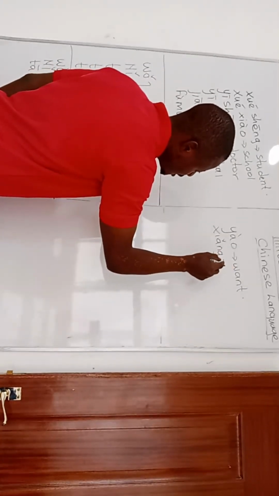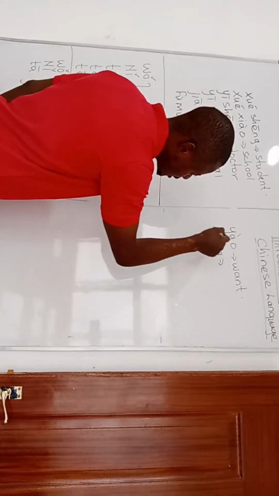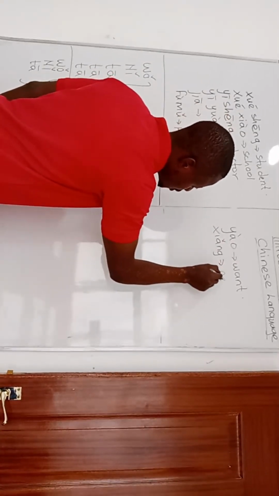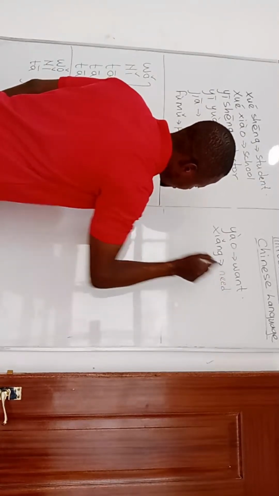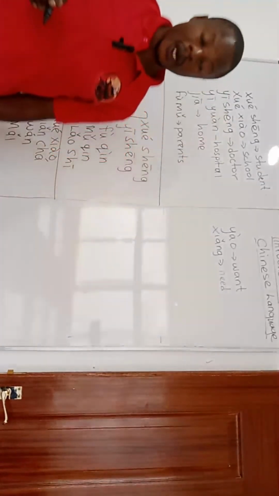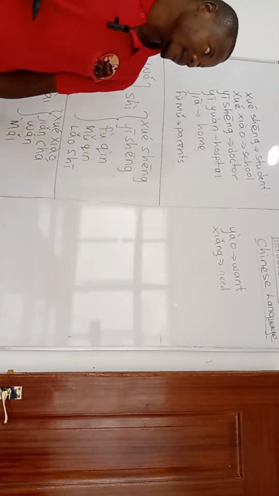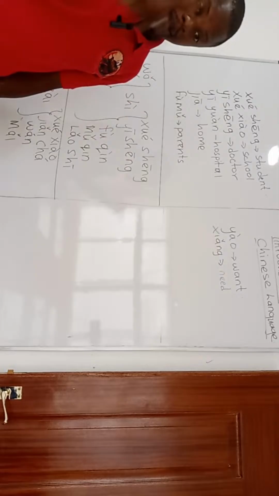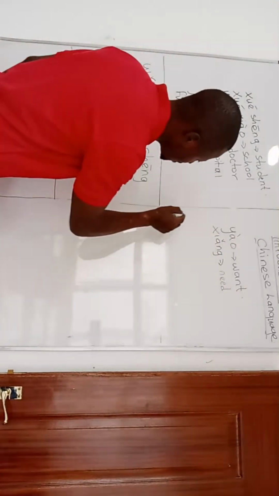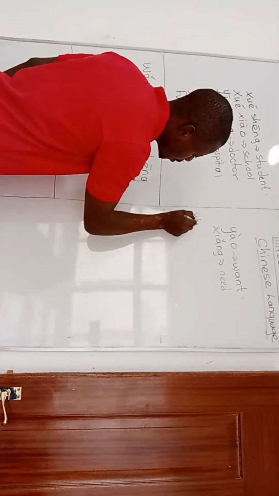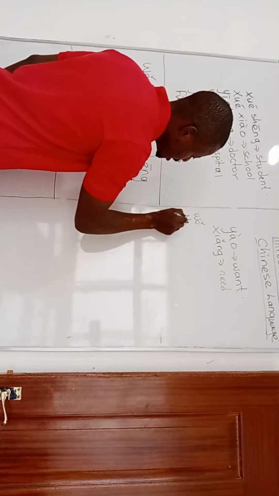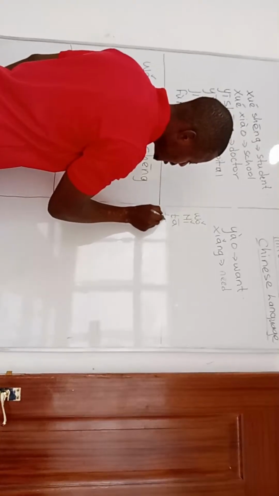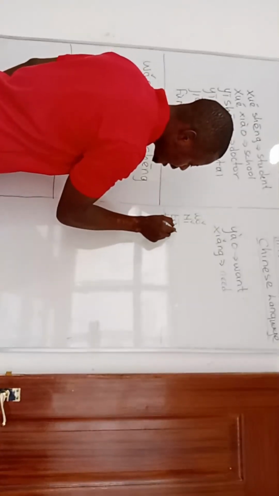In the beginners, especially HSK1, we look at these two words. Xiang is also need or want but polite. So how do we use these two words? Remember, we already have the personal pronouns, 我, 你, then finally we have 他, ta.